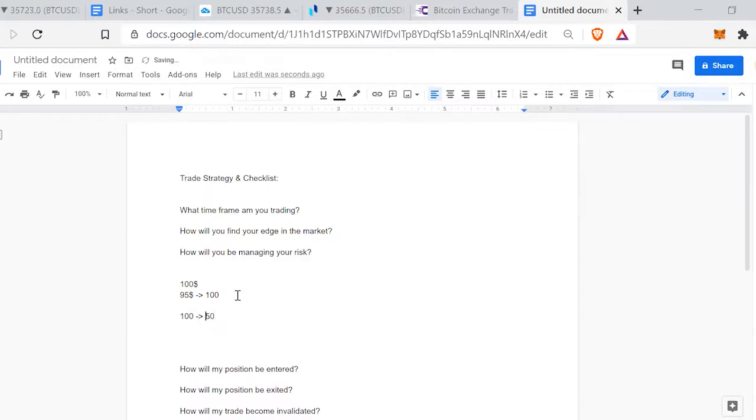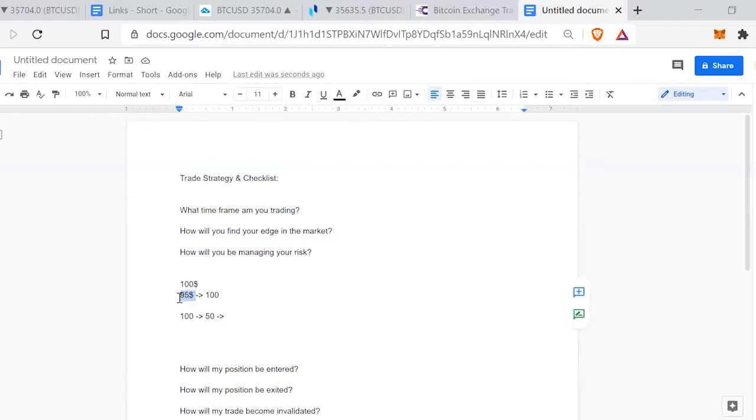So you just lost half of your money. Going from 95 to 100 is really easy, but to go from 50 back to 100, you have to double your account, right? So it's a lot harder to double your account than to make a 5% gain.